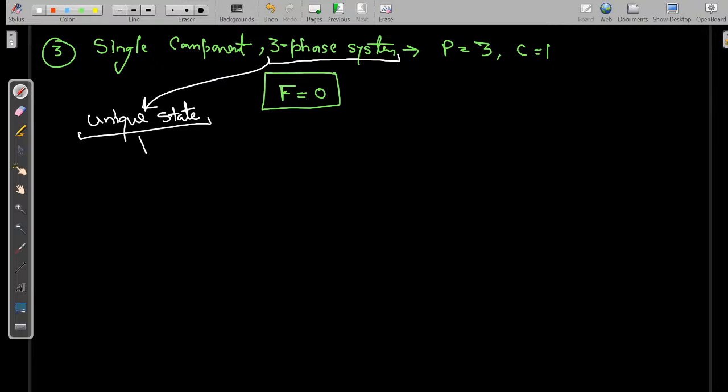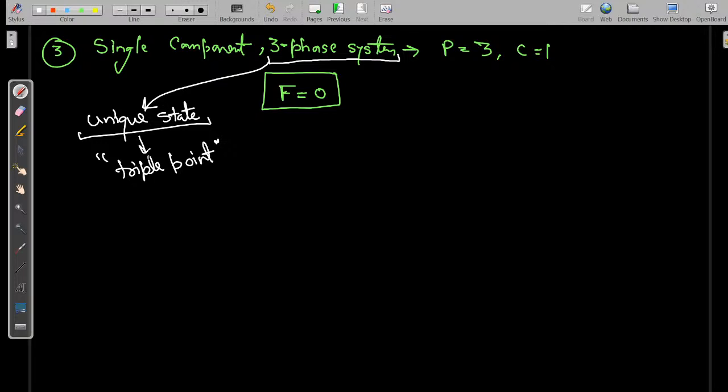Okay, and that state is called the triple point. You will study it when we go through the properties of pure substance, not the critical point, it's the triple point. So it is a unique state. At that point only we can have all the three phases of the system coexisting at the same time.